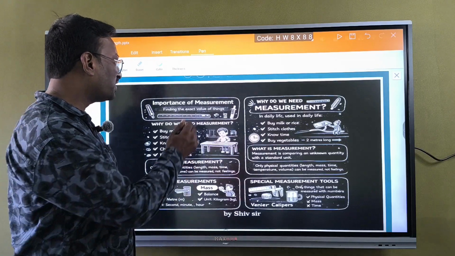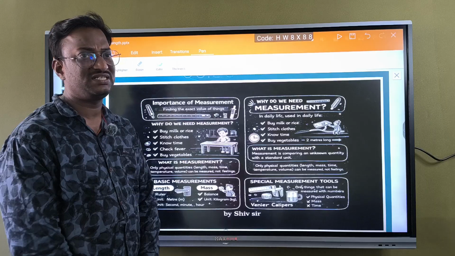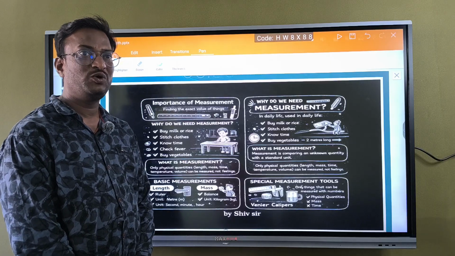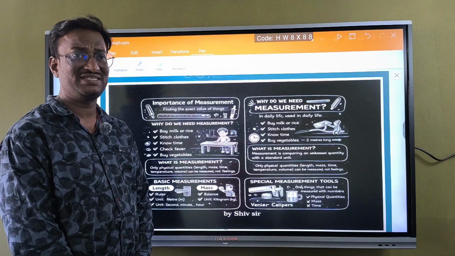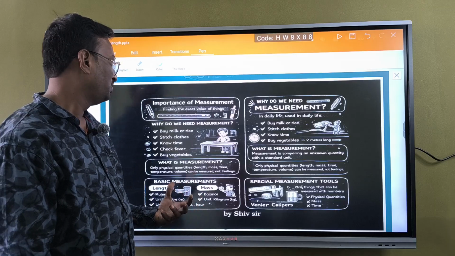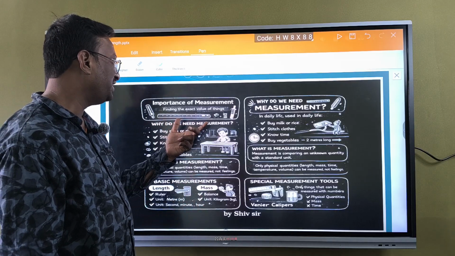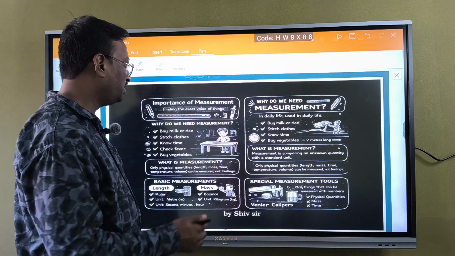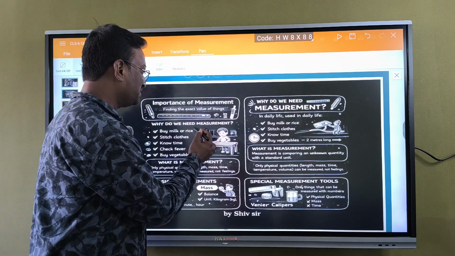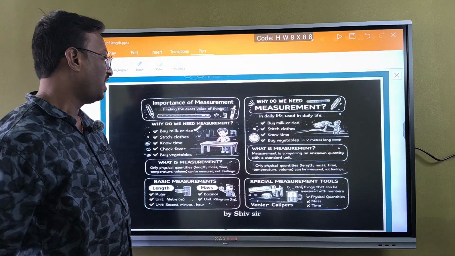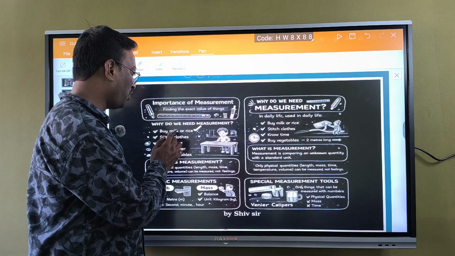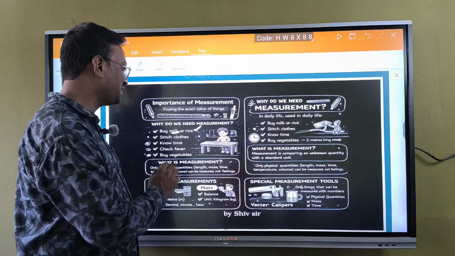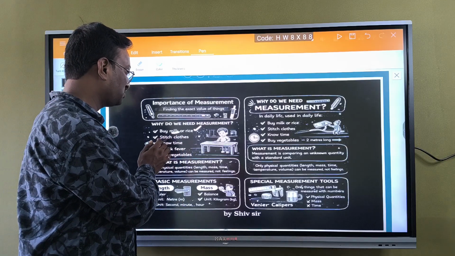Okay, children, importance of measurement means why we should measure things. What is the necessity of measurement? Why do we need a measurement? See, children, you go to shop and buy some rice, and we have to buy milk daily, we have to stitch cloth.